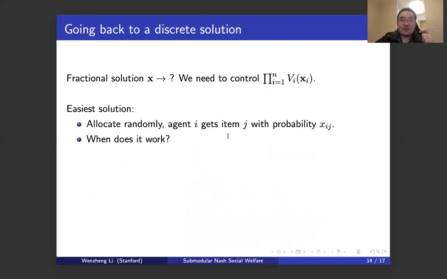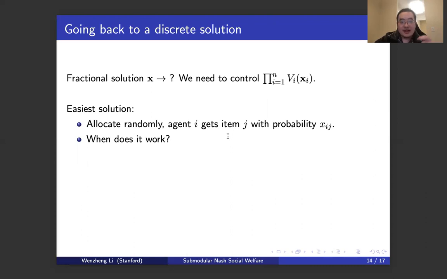Now for the sparsification, one easiest solution is just to round the fractional solution randomly. Let agent i get item j with probability x_ij independently. After all, the multilinear extension is defined in exactly the same way, so it makes sense to also round like this.